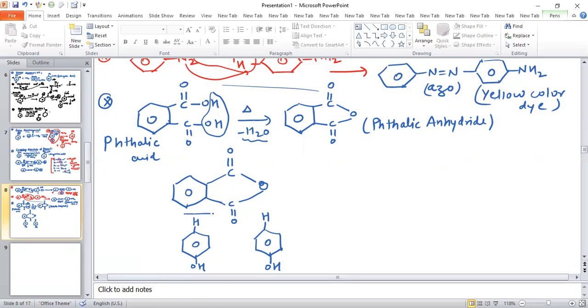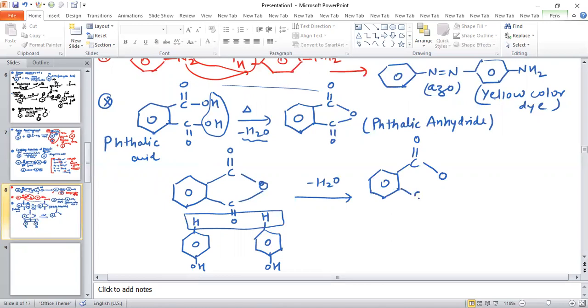So the reaction will take place with removal of water. Water will be removed from these positions. When the water is removed, it will form C double bond O. This oxygen will remain the same as it is.